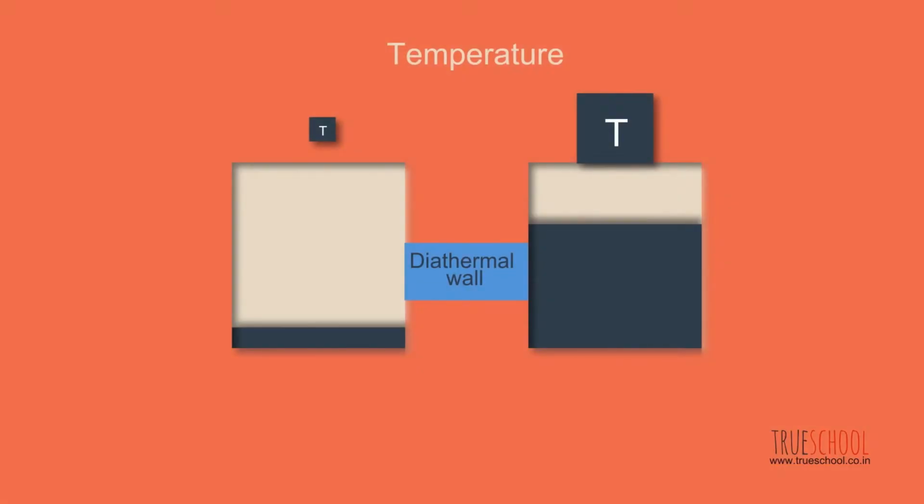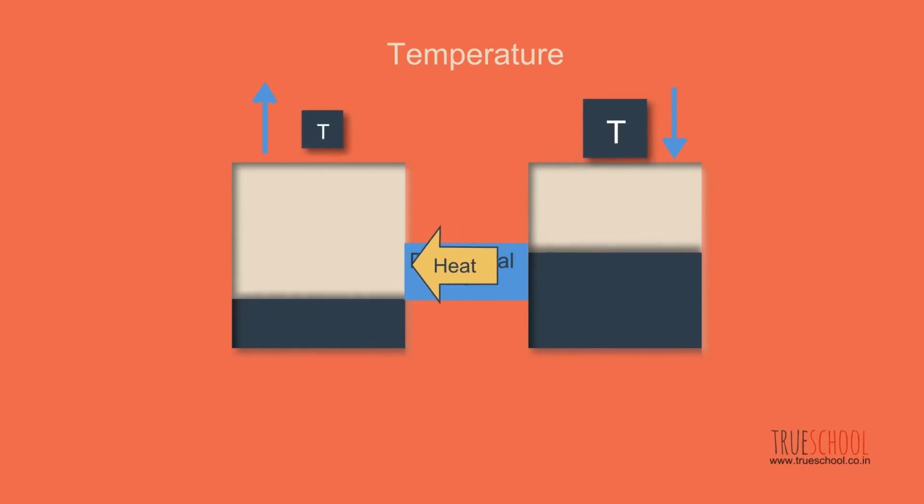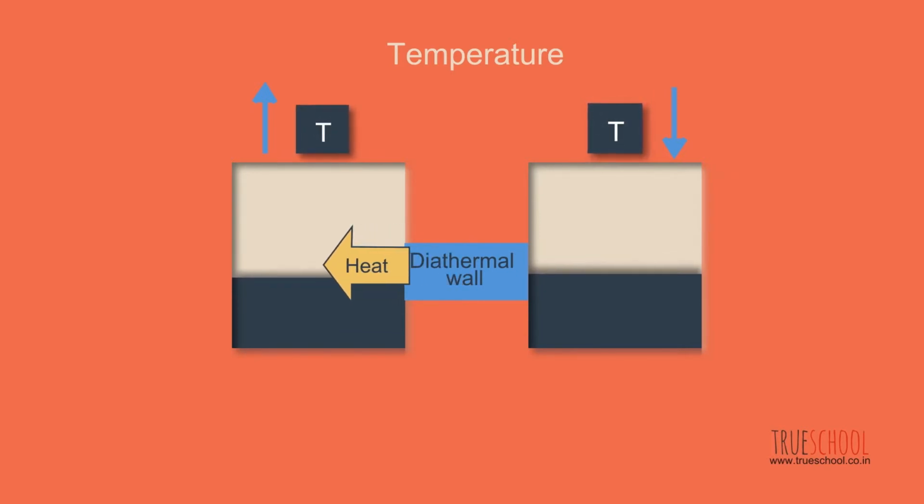Next is temperature. Temperature decides the direction of heat flow. Heat flows from a body at higher temperature to a body at lower temperature. In this process, the hotter body will lose its heat and the colder body will gain the heat energy, and soon equilibrium will be achieved when the temperatures of both the bodies become the same and no heat flows.